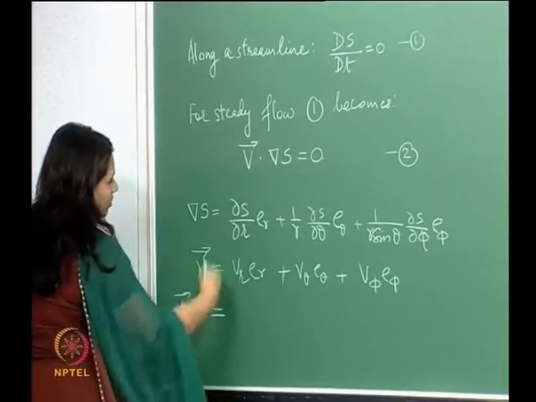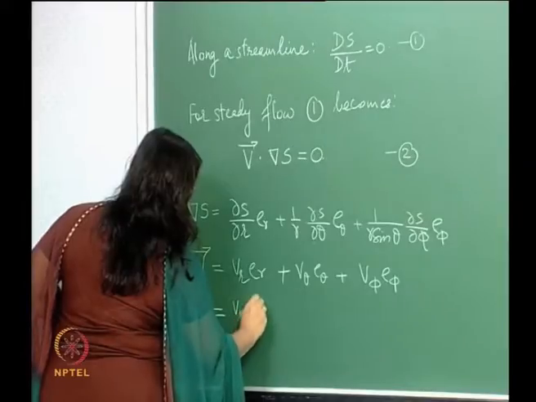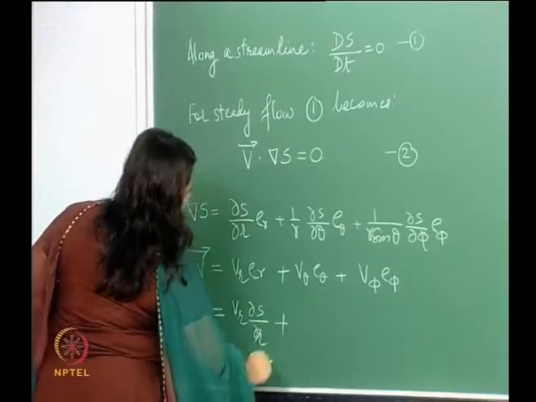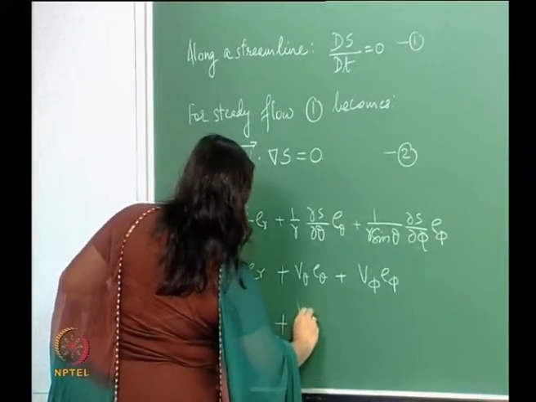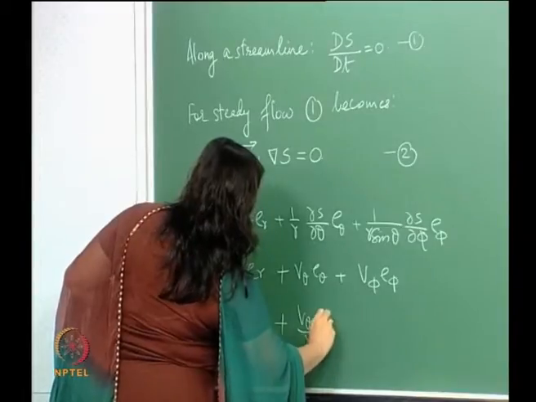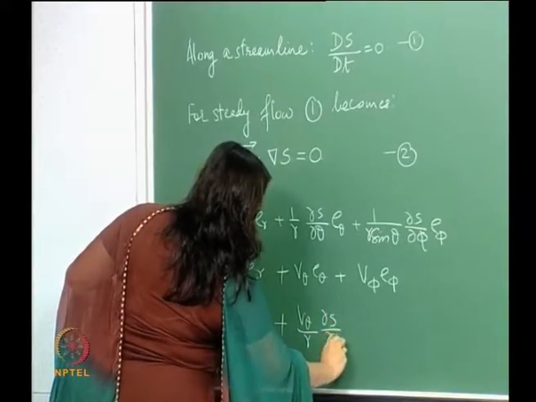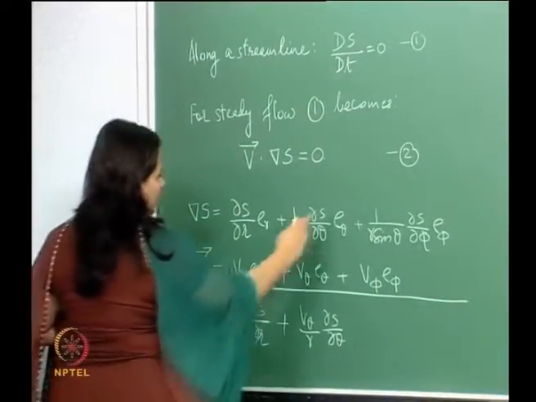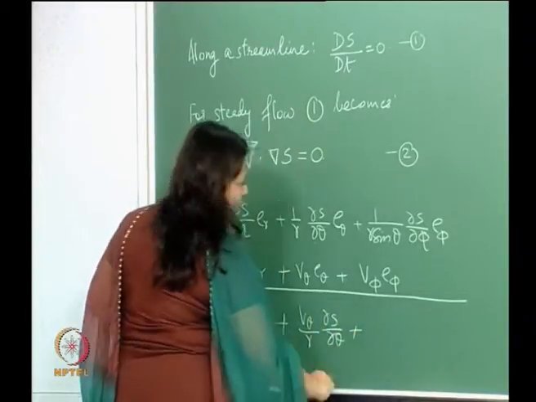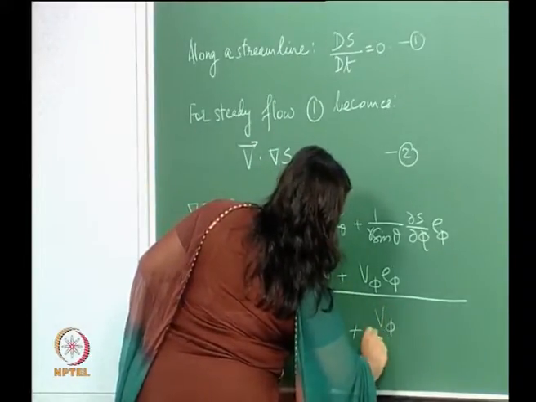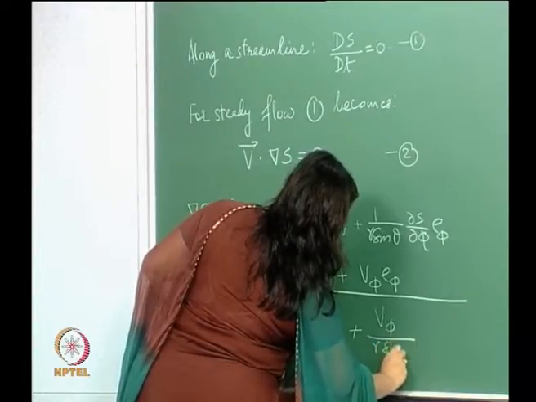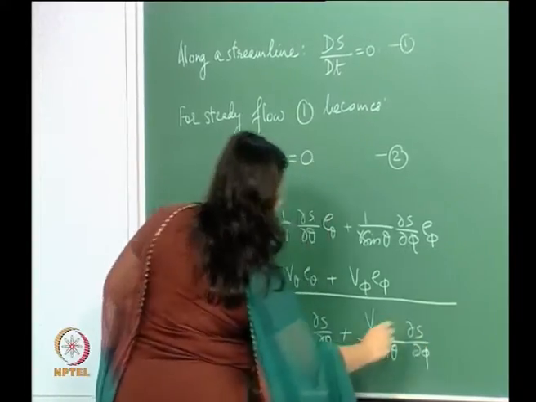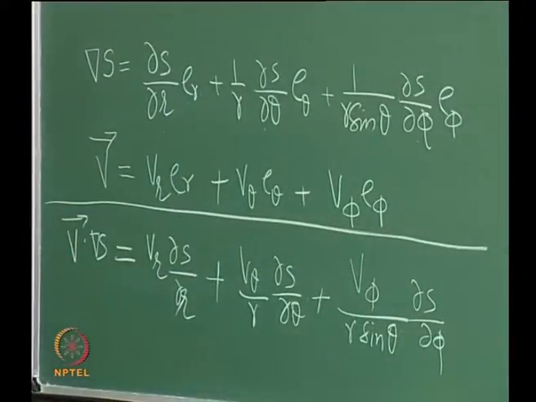If you look at these terms, what we get is V_r del S del r, plus V theta by r del S del theta, plus V phi by r sin theta del S del phi. This is what we get.